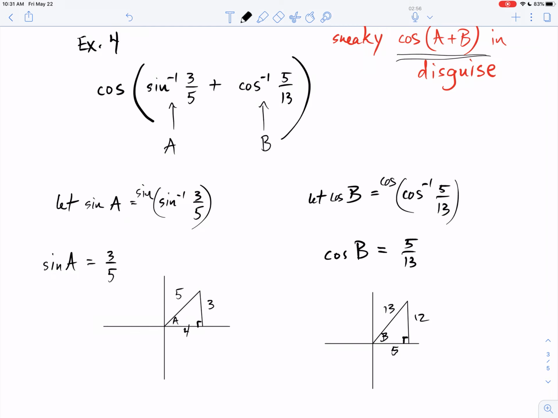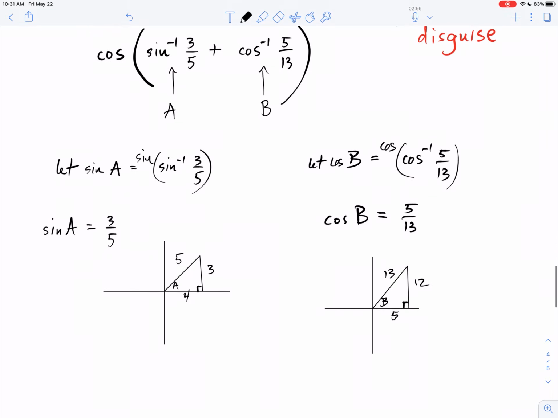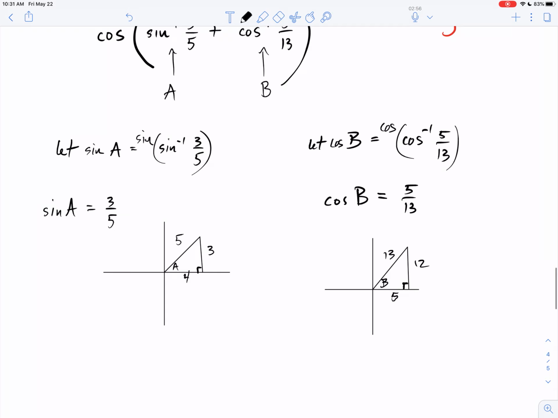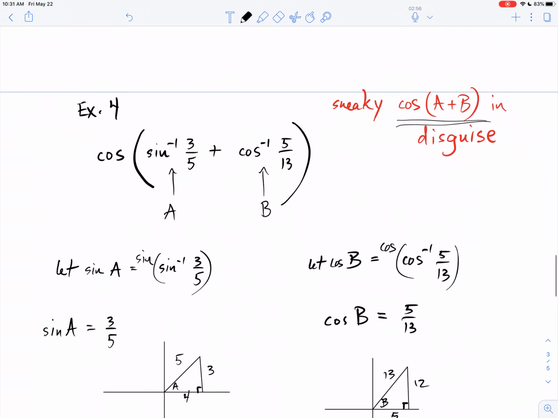But what am I going to do? I'm going to take this and I'm going to couscous it. So I'm going to say the cosine of A plus B is what they actually want from me. That's what they actually want from me because it was in disguise.